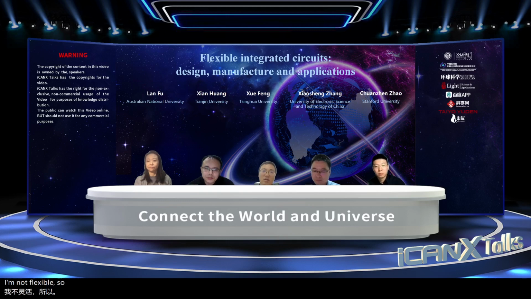If we can use the technology I just mentioned, maybe we can finally make the cell phone truly flexible. For the current stage, I think the best choice is to develop hybrid electronics, combining organic and inorganic. This is just my point.